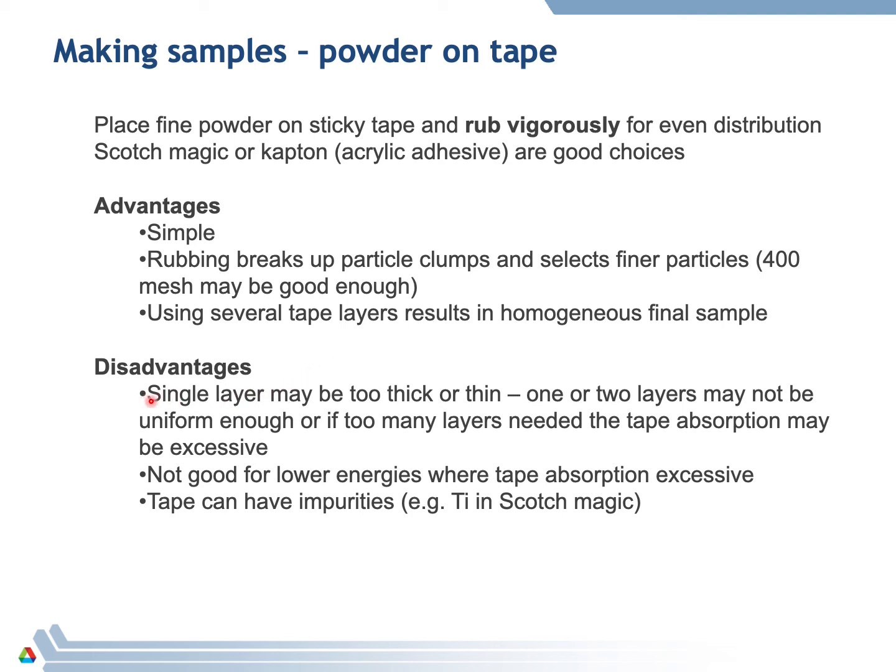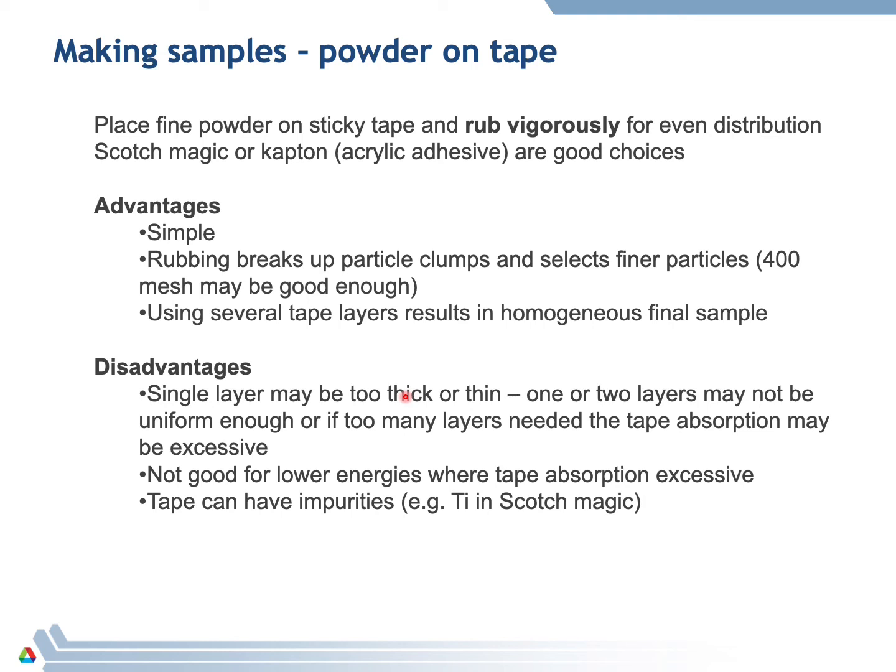The single layer on the tape may still turn out to be too thick. This would particularly be the case if you're trying to measure something lighter like sulfur. So one layer might still be too thick, or if you're measuring something heavier, like 20 keV or something, you may find that you need a lot of layers to get a good sample with the right edge step.